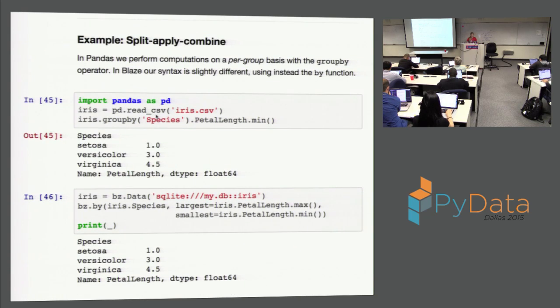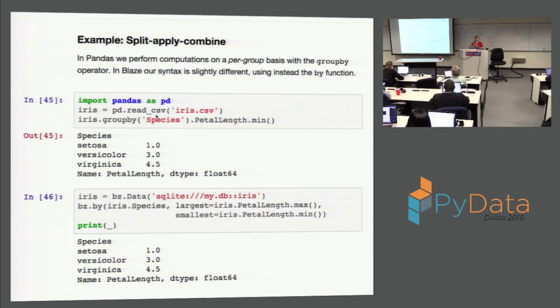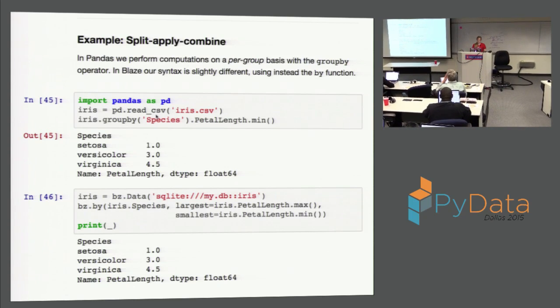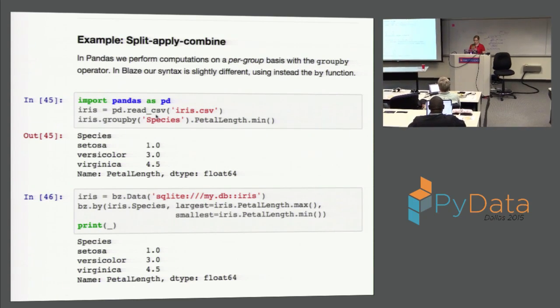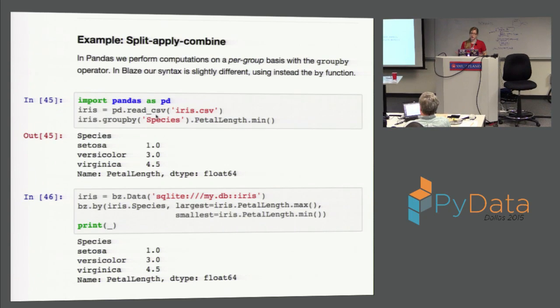There's also these computations, the group by, which is a very common computation that you do: group by a categorical variable and get statistics, like the minimum of a certain column. Let's say species, what's the minimal petal length of the different species.